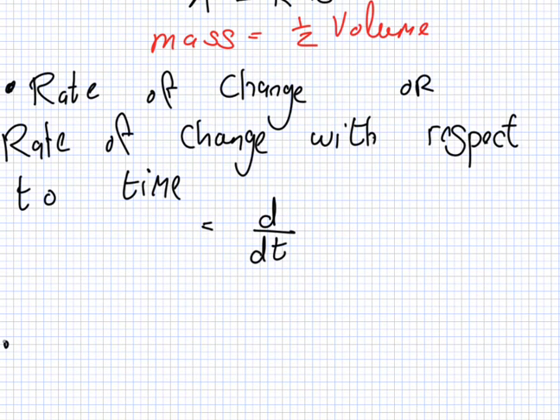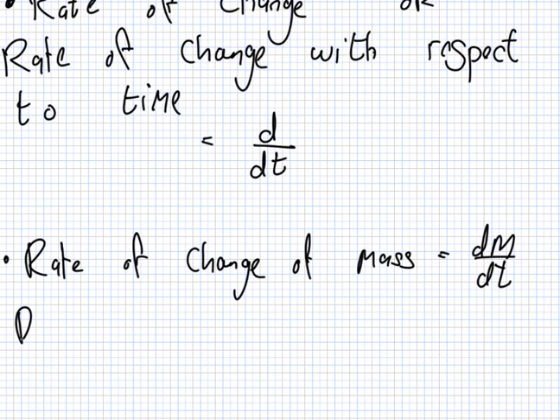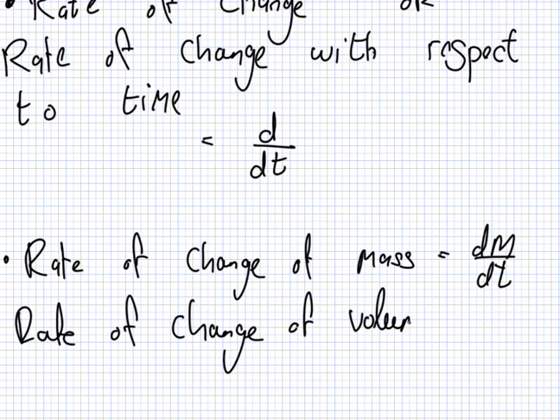So for example, rate of change of mass, that would be dm dt. Or for example, rate of change of volume, dv dt. So largely it's these two terms, proportional and rate of change, which you'll need.